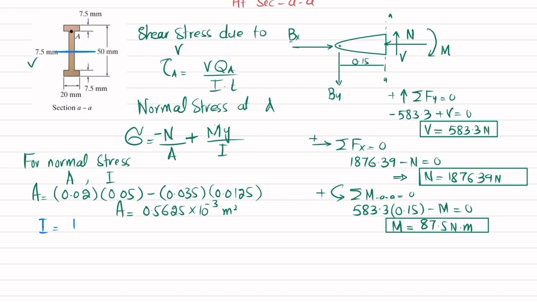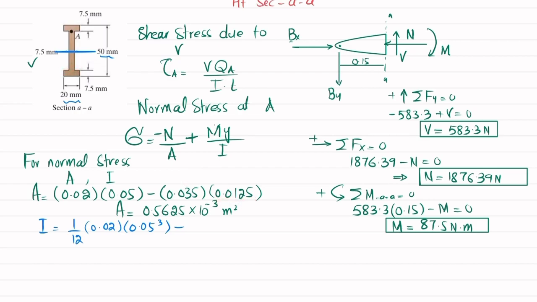So it will be equal to 1/12 B, which is 20. So 20 in meters is 0.02, and height is 50 millimeter, which is 0.05, cubed. 1/12 BH cubed, minus the moment of inertia of the remaining two portions. This height was 35 millimeter, which is 0.035, and the remaining two portions are this one.